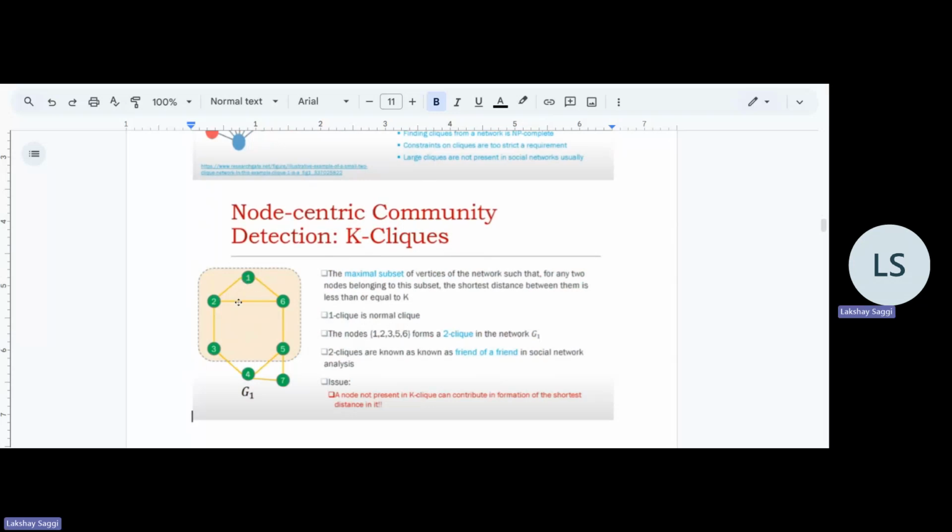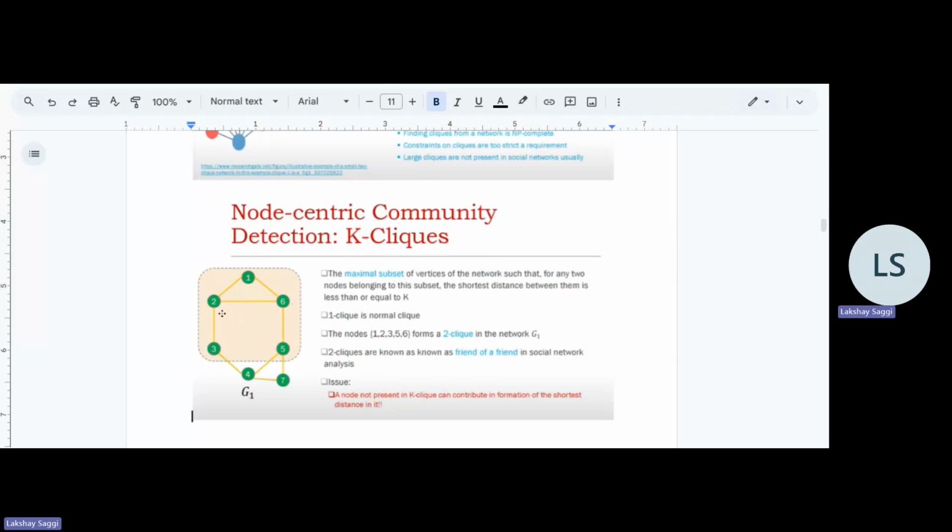Note that in this example, the set of vertices 1, 2, 3, 5, 6 is actually a 2-clique. Why? Because you take any pair of vertices, and the distance between the two vertices in this graph G is at most 2. Let's take the vertices 2 and 6, then the shortest distance is 1.